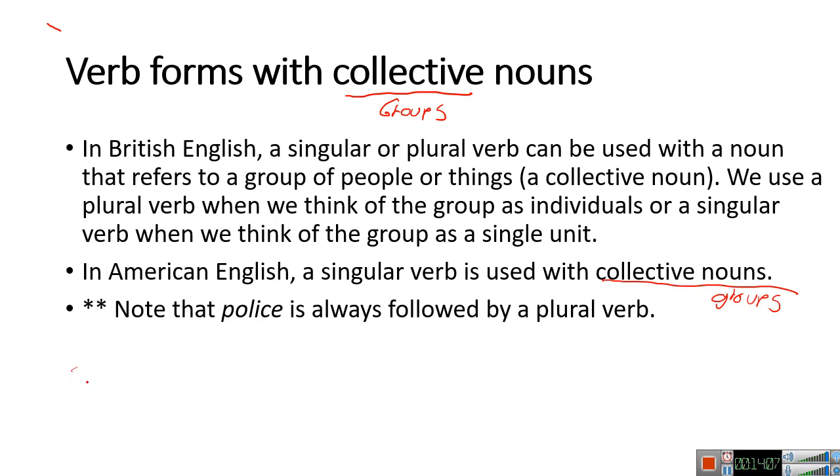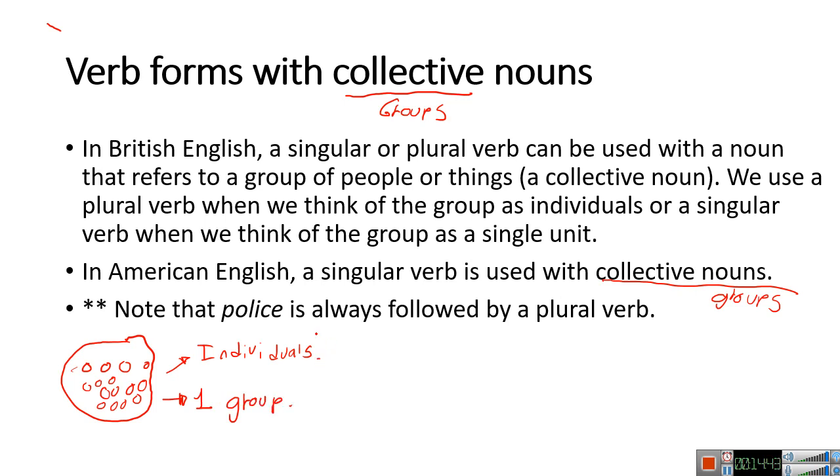So I was just mentioning, let's try to imagine a group. We have a couple of people. Let's say this is a group. Now we can think of this as individuals, and we can take this as a group. Look, if I encircle them, this is now a group, so it's no longer individuals, it's just one group.